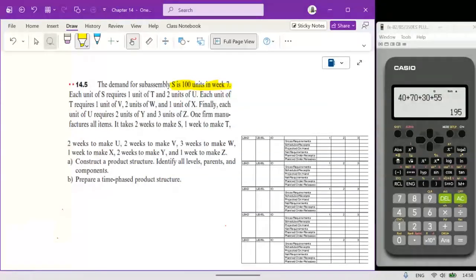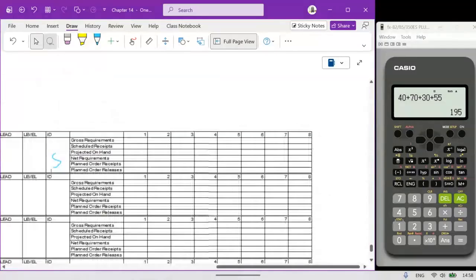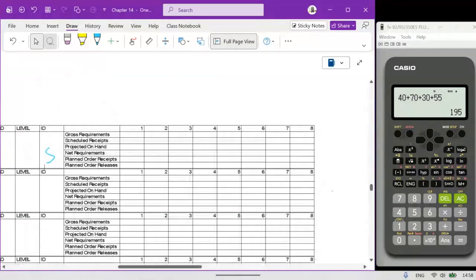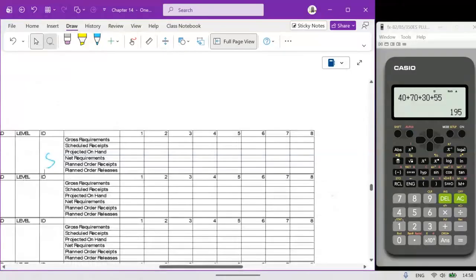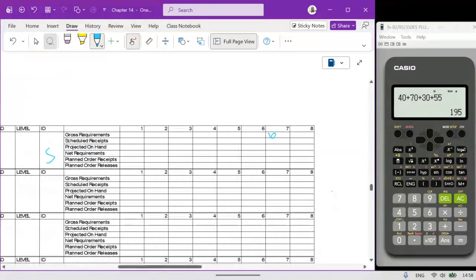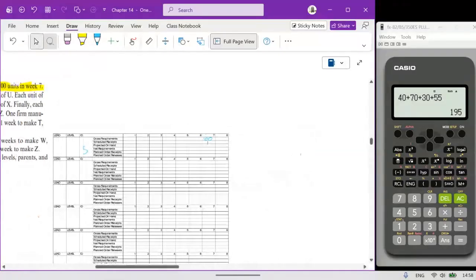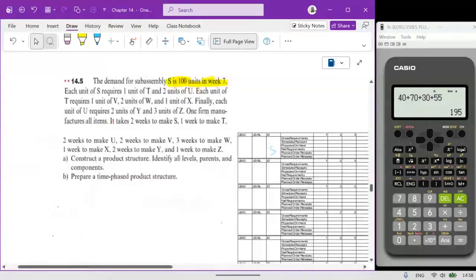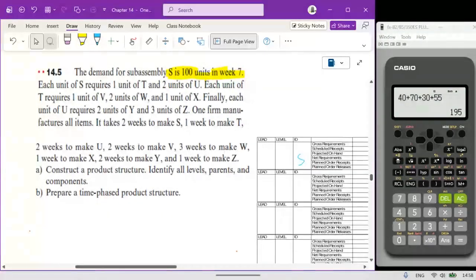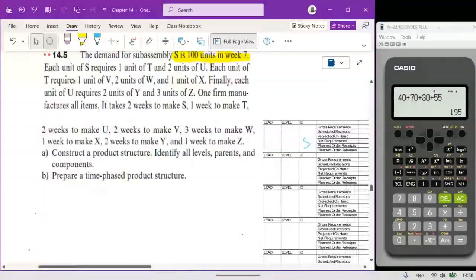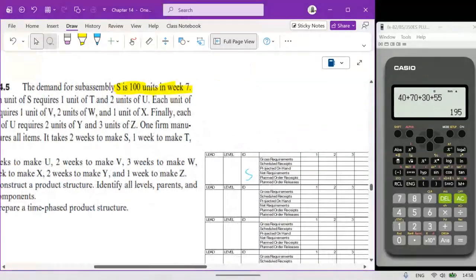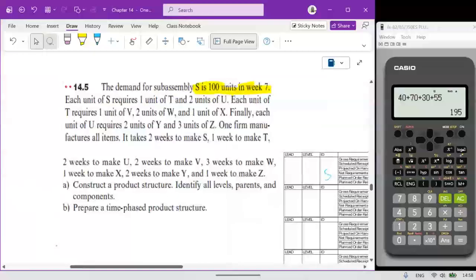So S is going to go here, and the product that it must deliver here, and there must be 100. Even before we do anything, we know 100 is required at week 7 sharp. But S requires what? We can draw here.